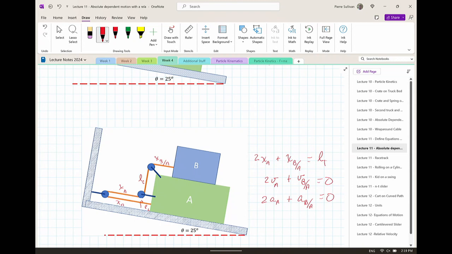I get 2xa plus xb with respect to A is equal to length total. And when I say length total here, again, I'm combining all of these constant lengths. So this constant length, this wraparound length, this wraparound length, this right here, and that wraparound length. So all of those constant lengths aren't going to change over whatever motion occurs.